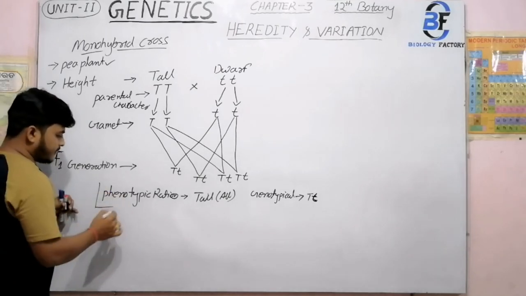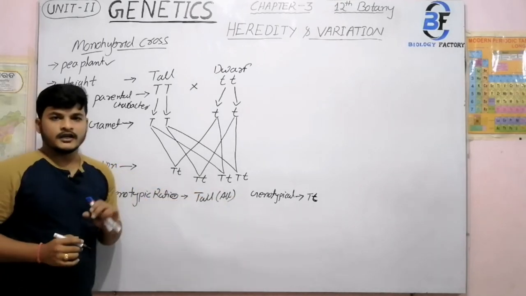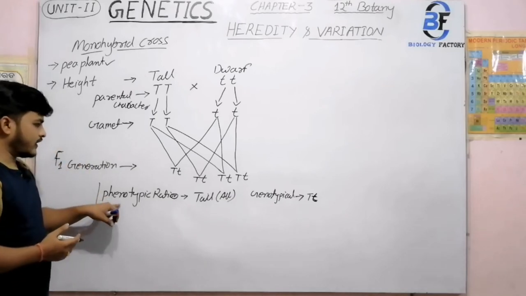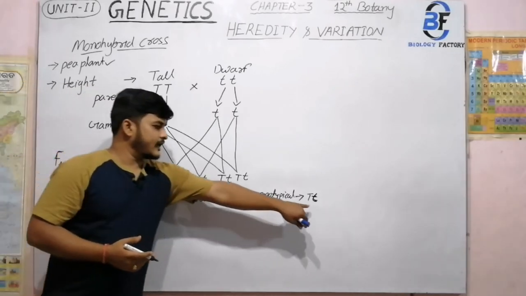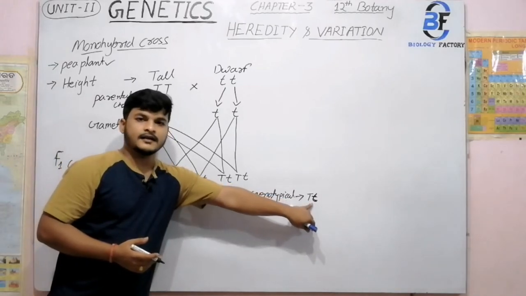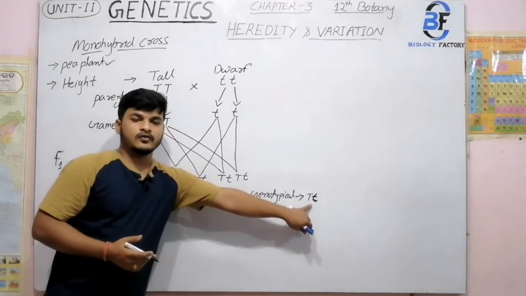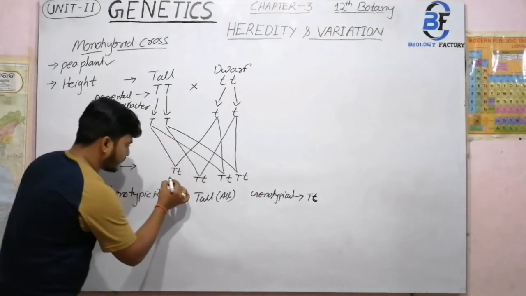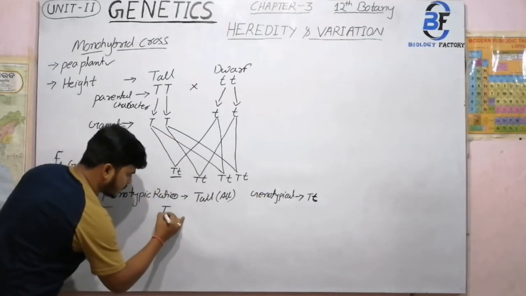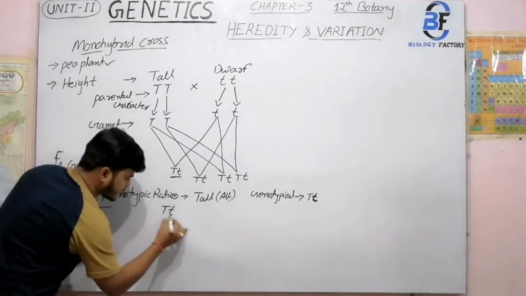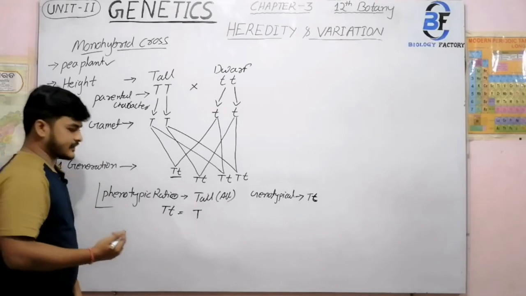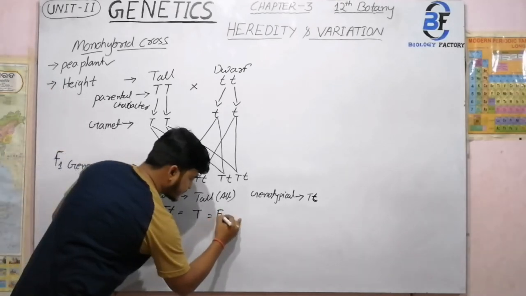So what is the meaning of phenotypic and what is the meaning of genotypic? He concluded that when he took the characters capital T and small t, only the capital T expresses its character.